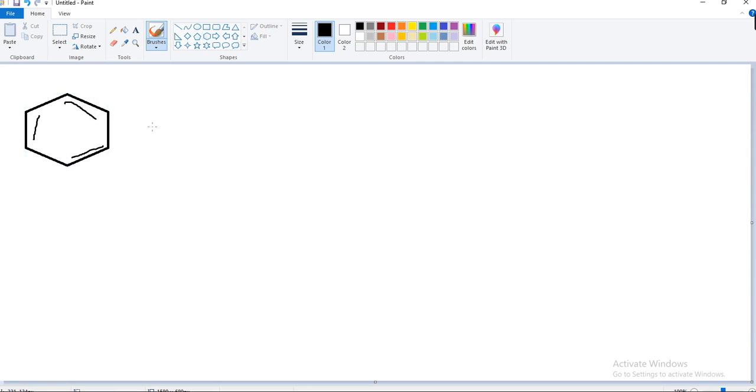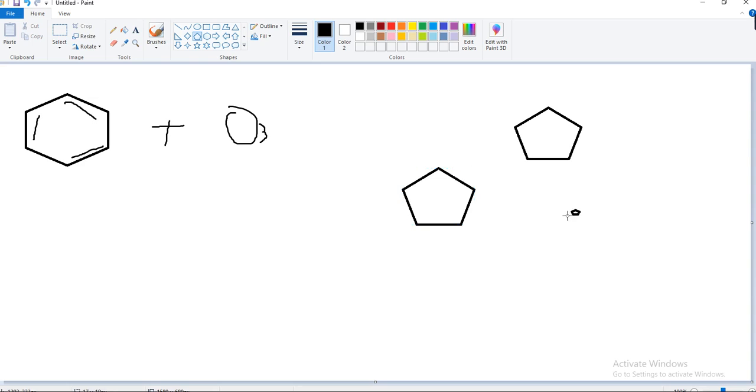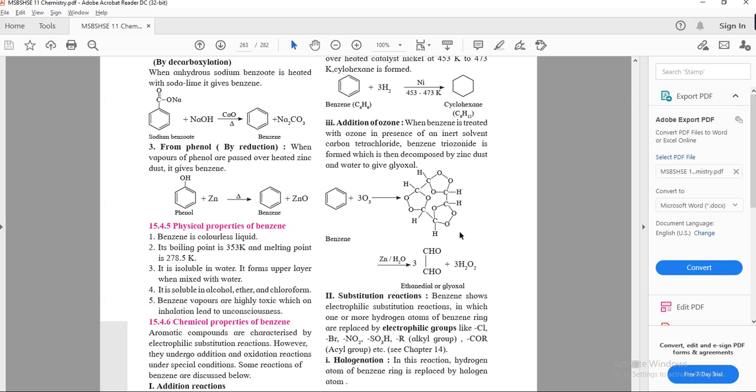So benzene reacts with O3. You will draw first 3 rings. Now you can see 3 oxygen atoms and 2 carbon atoms in each ring.